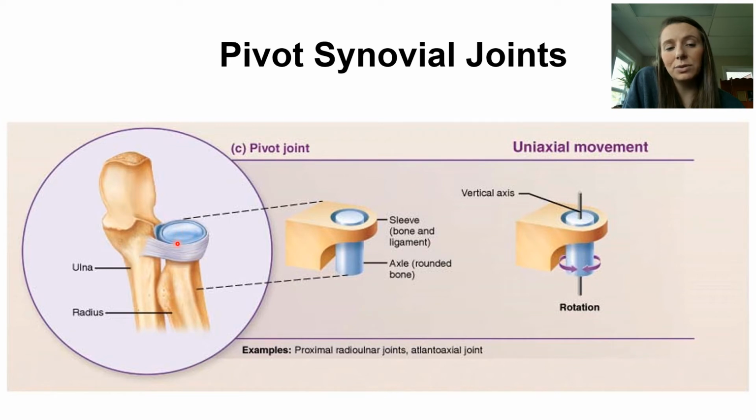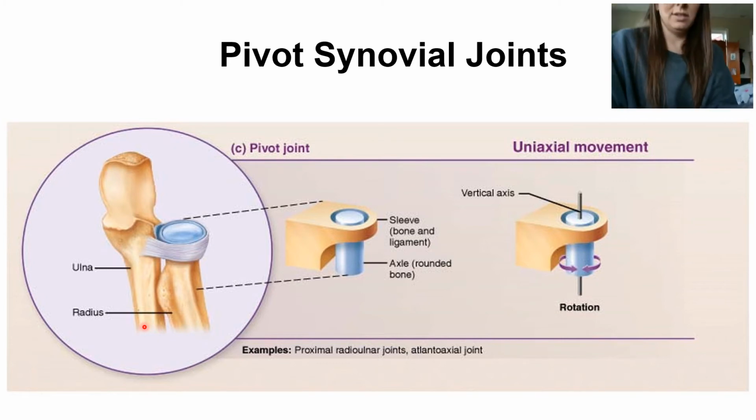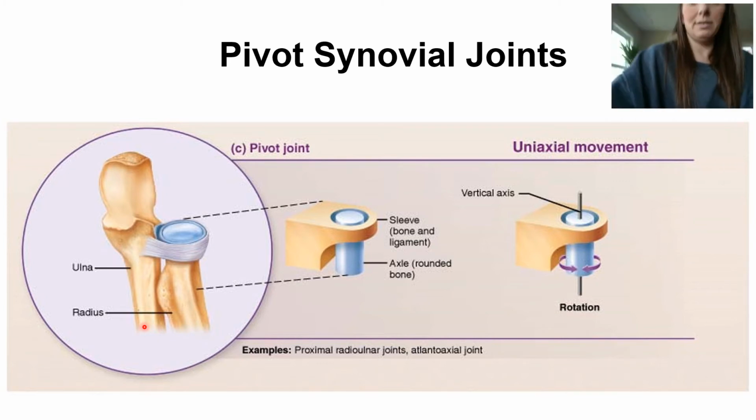Basically, I told you in lab that the head of the radius is very circular and it fits into that notch on the ulna, and it allows us to go from palm up to palm down because essentially the ulna is staying in place and the radius is rotating over top of the ulna as we move from supination, I'm going to try to do this here, just not sure how.